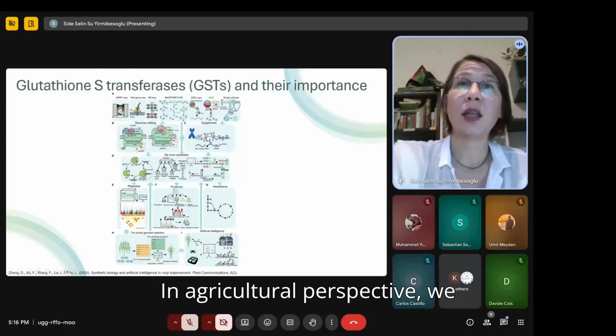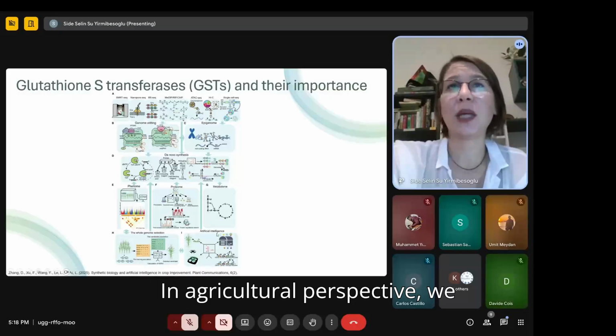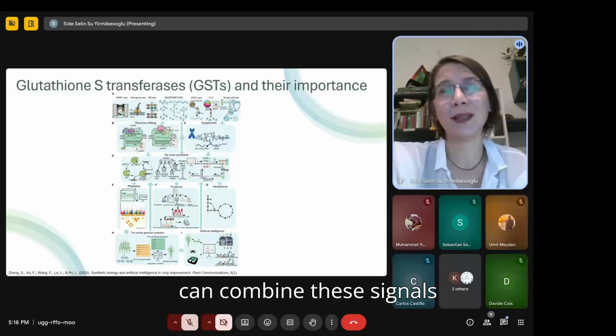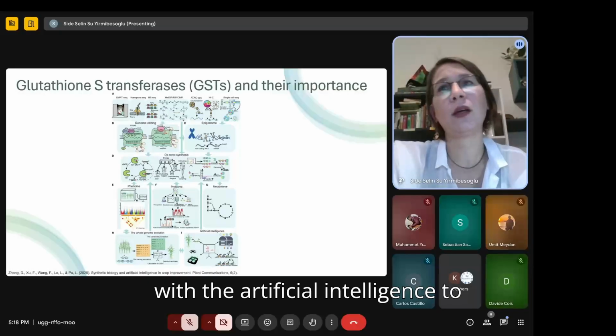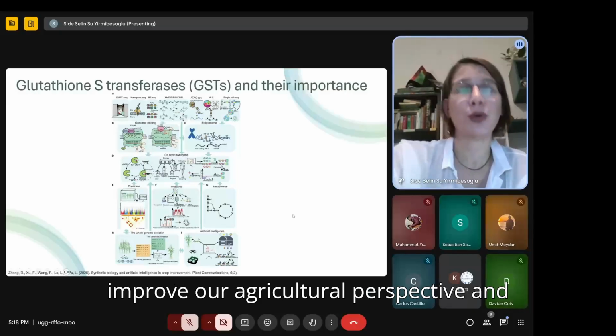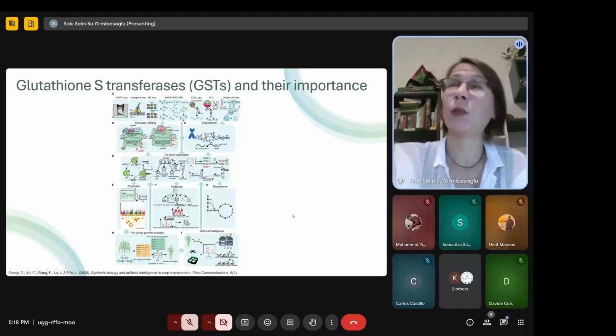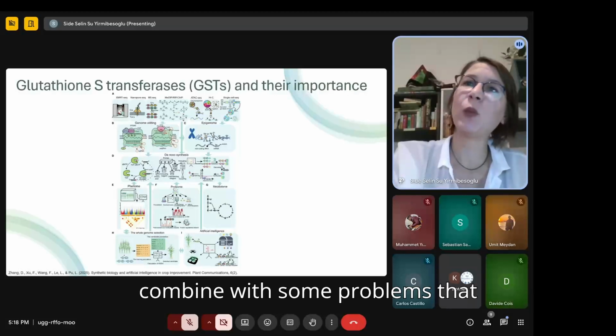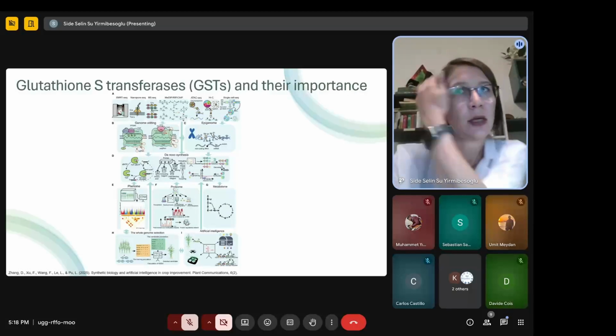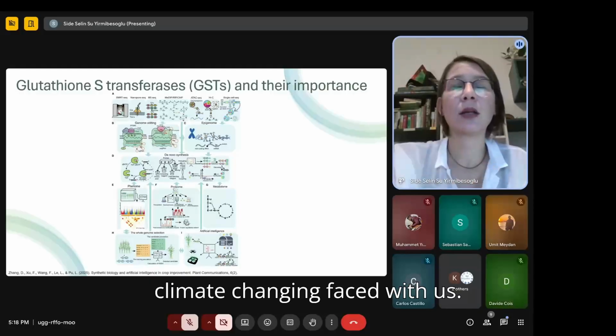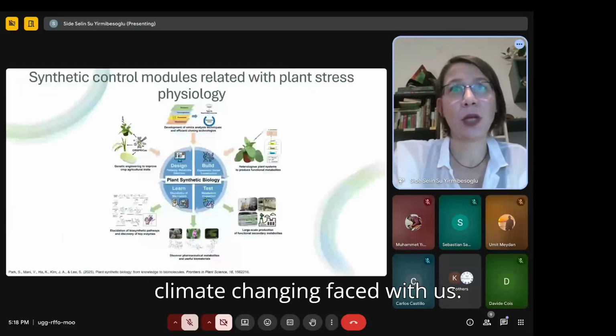And from an agricultural perspective, we can combine these signals with artificial intelligence to improve our agriculture and combine with some problems that climate change faces us with.